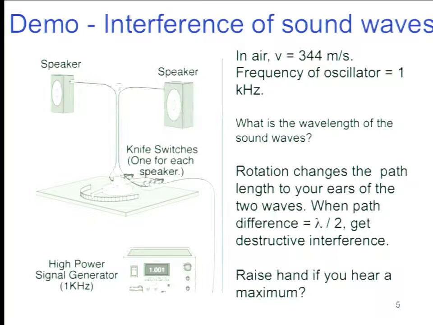If the path difference was about a half wavelength, or 180 degrees out of phase like this, you would get a null, and you would get softer sound. Now that's pretty cool, but it's pretty clear also that you have two sources.